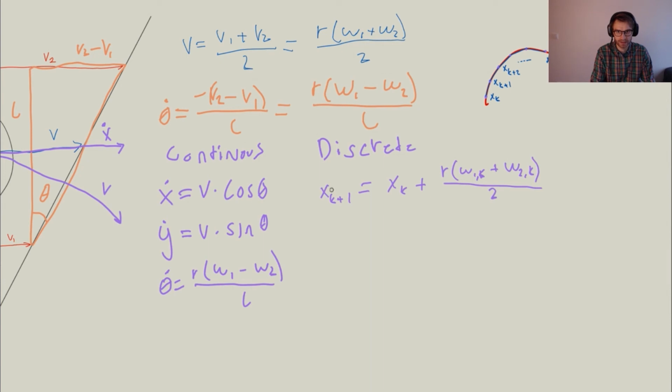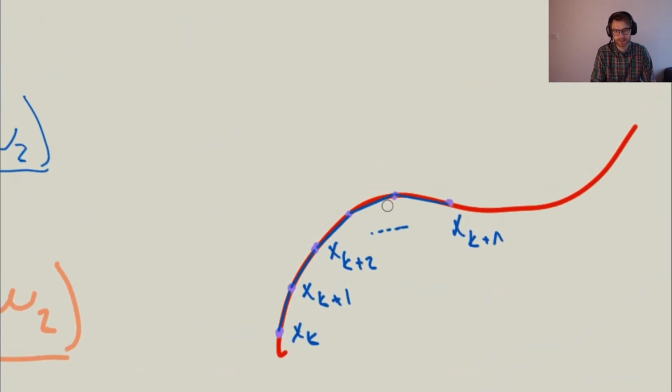Again, since it's the x coordinate, we will multiply this by cosine theta, and now this whole thing is multiplied by delta t, so the difference in time. So what is this now? It's the time in between these steps.